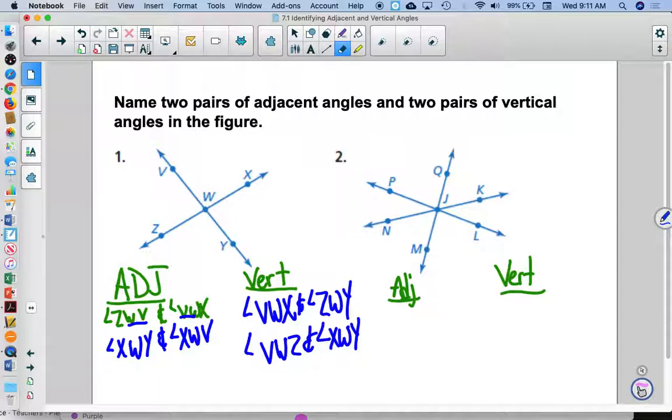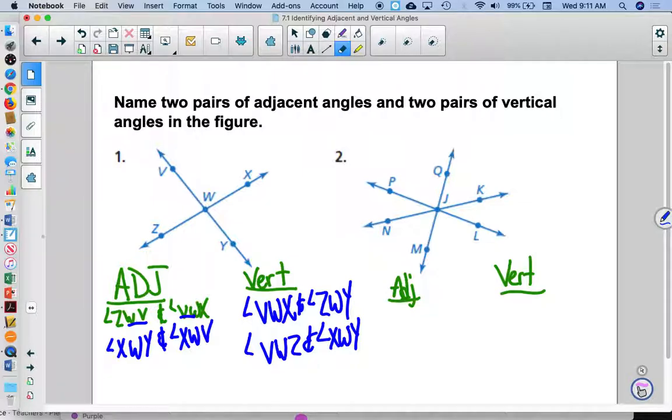Finding vertical and adjacent angles. Fist of 5. Can you identify vertical and adjacent angles? Okay. What about number 2? Give me a set of adjacent angles in number 2.